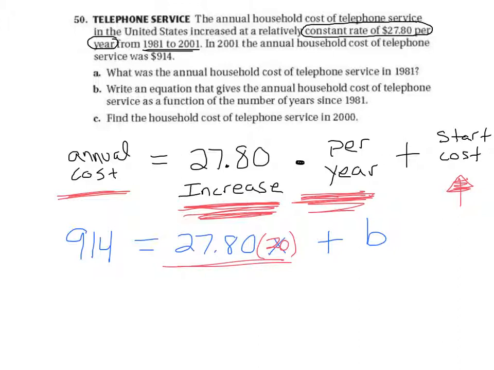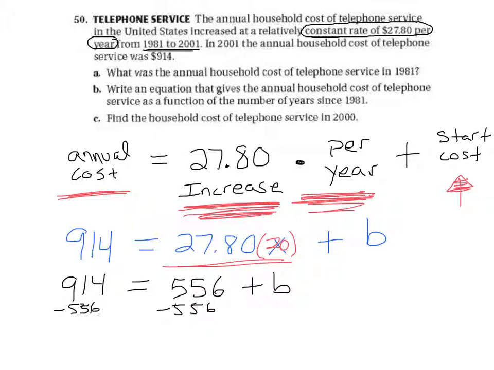And then if we subtract that, we'll be able to find out where we started. 20 times $27.80, I believe, is 556. And then we subtract 556 from both sides, and it looks like 358 is equal to B, because it was 20 years prior.